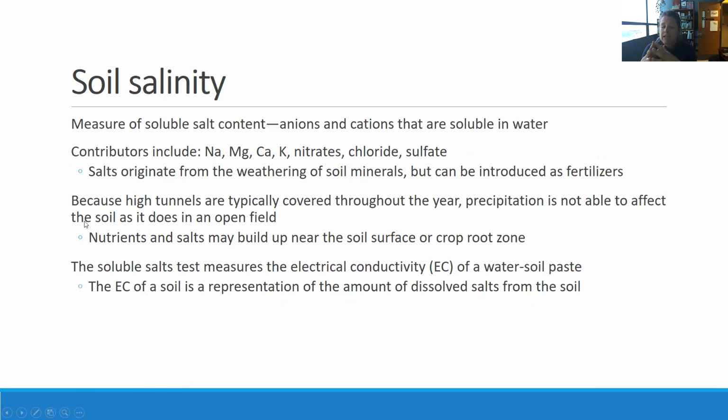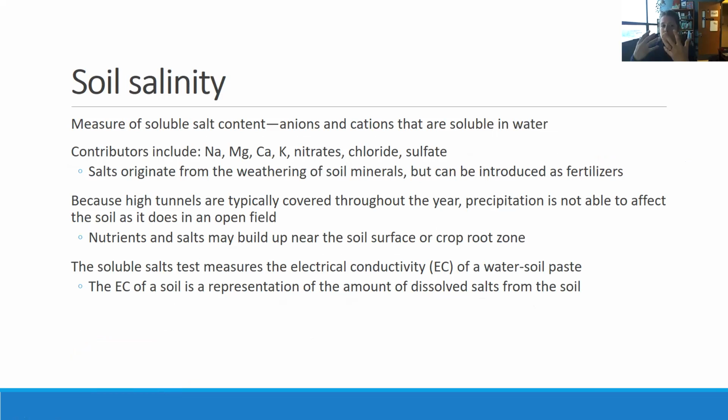Basically, soil salinity is a measure of the soluble salt content, so the anions and cations that are soluble in water. It's not just sodium when we're saying salinity. We're talking about, yes, sodium, but magnesium, potassium, calcium, nitrates, chloride, sulfate.